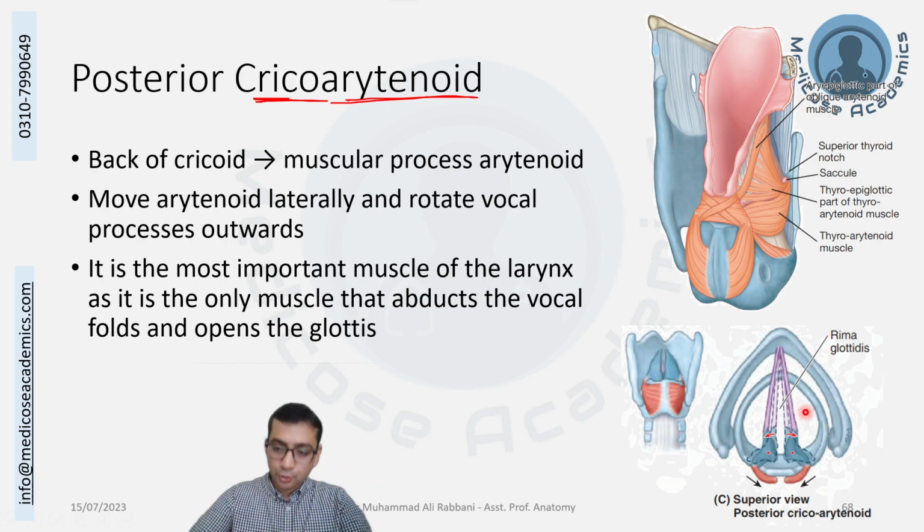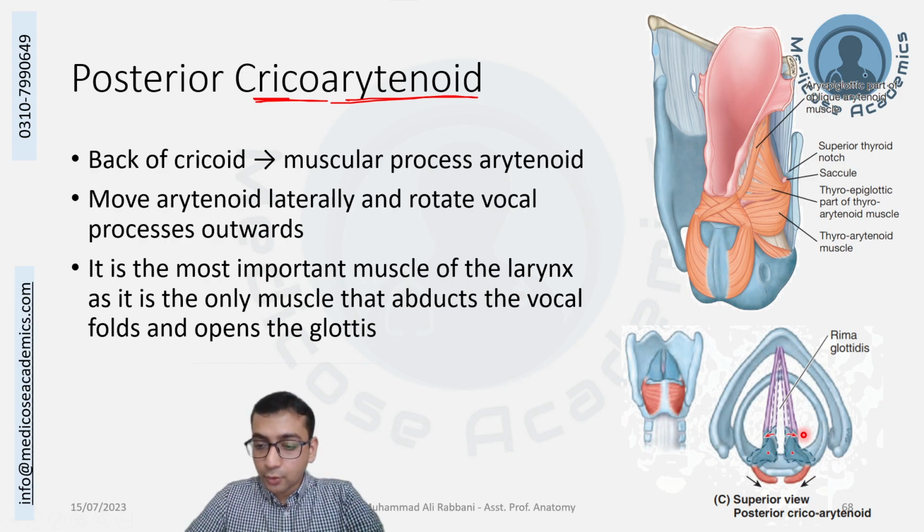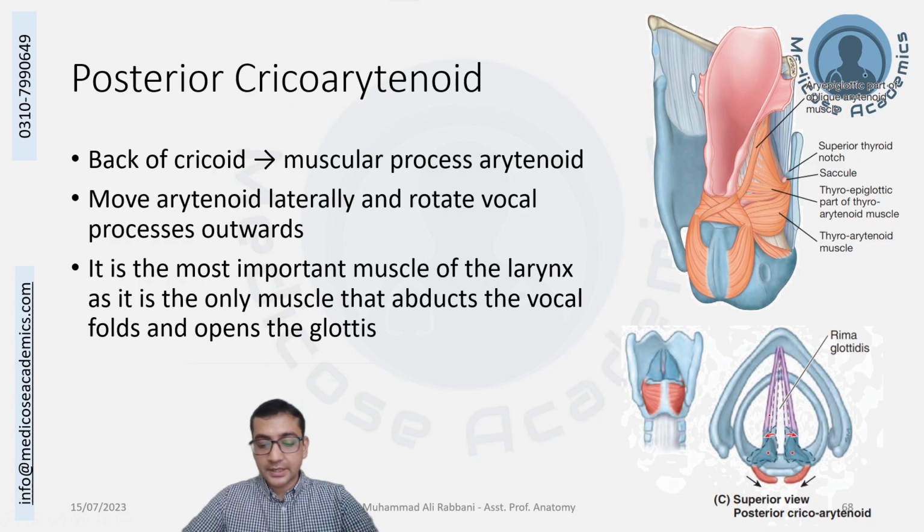The vertical axis is shown by this red dot right here, and it twists like this. As the muscular process is pulled, the anterior vocal processes go laterally, and we are doing the abduction of the vocal cords. It leads to the opening of the glottis in a diamond shape.